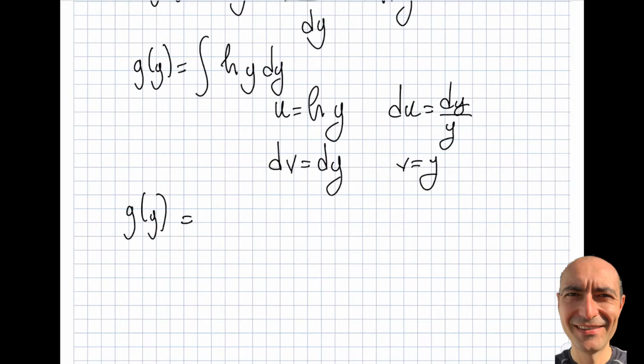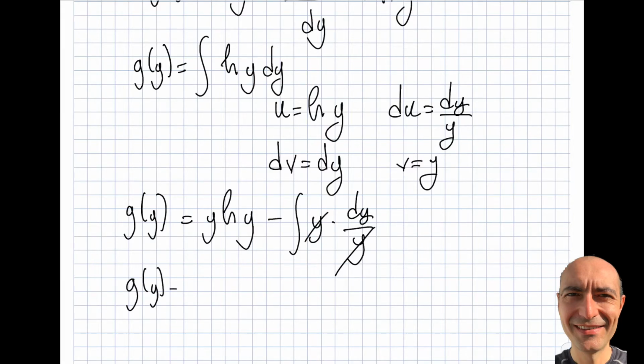It's going to be uv, which is y ln y, minus the integral of v du, which is dy by y. So these two cancel, and I got g(y) equal to y ln y minus y. Let's not forget the integration constant, plus a constant c.